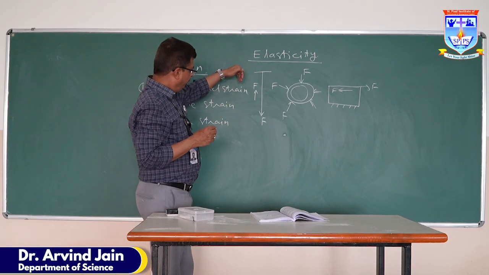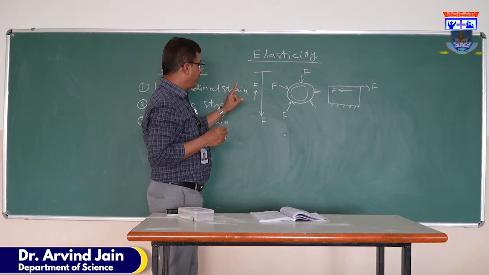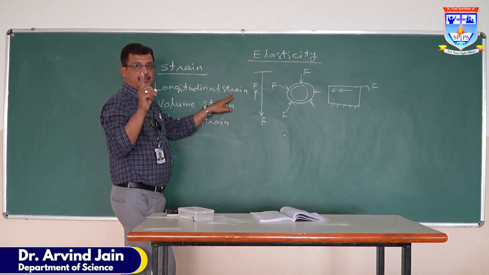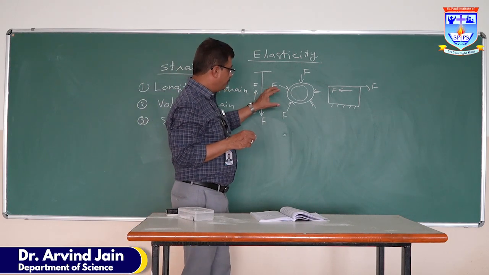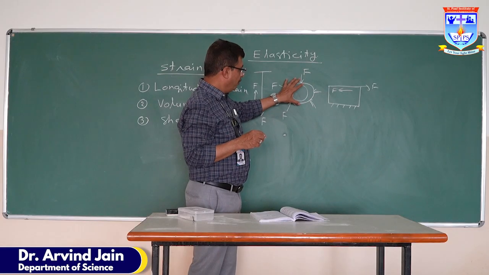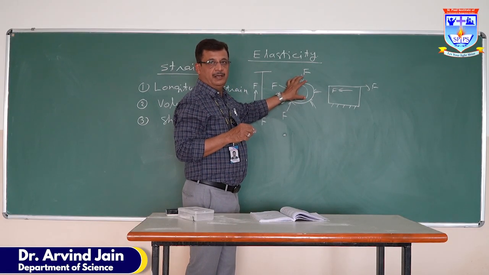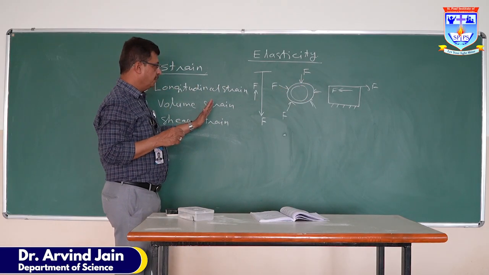When force is applied on the body along the length, the strain produced in the body is called longitudinal strain. When force is applied normally on the surface of the body, then the strain is called volume strain.